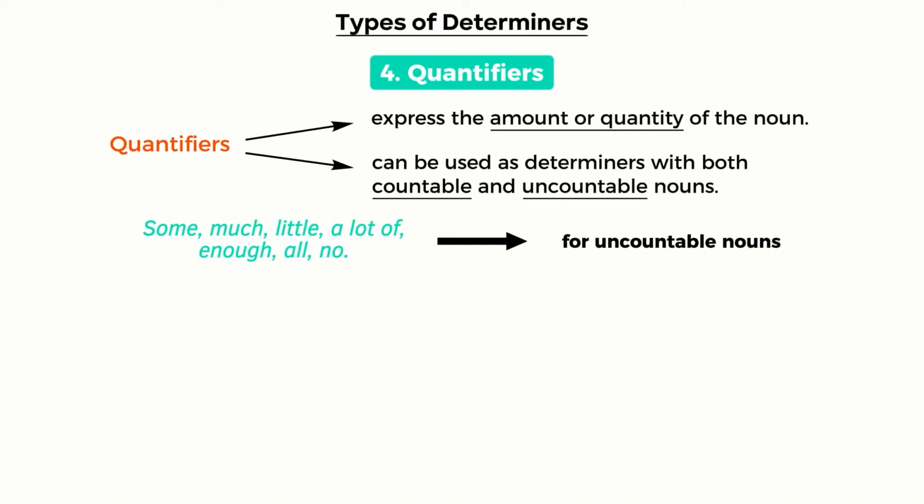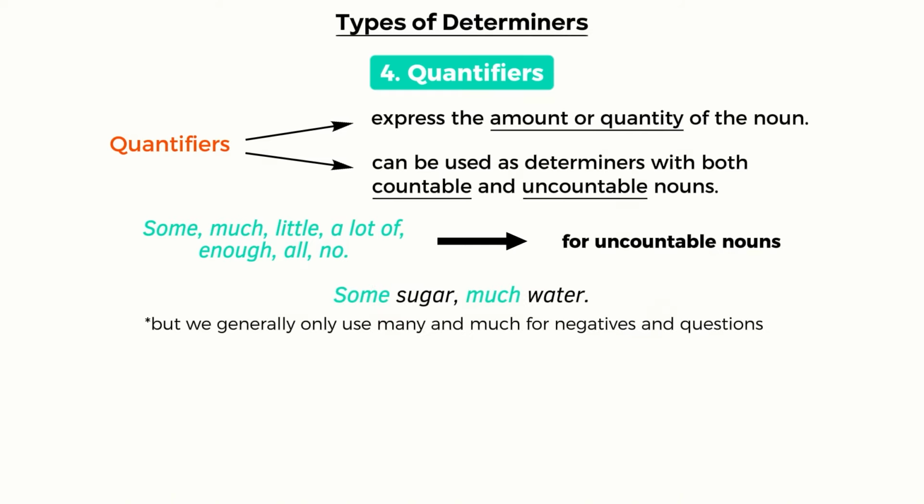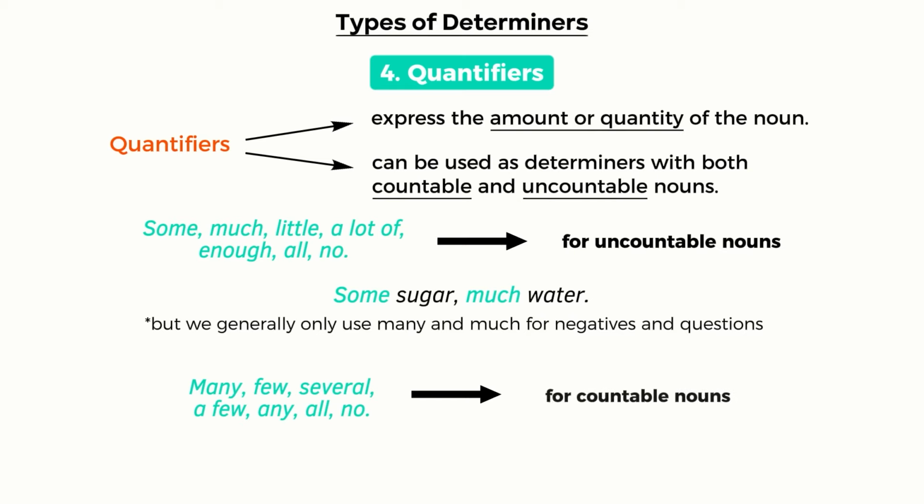For example, some sugar, much water. Many, few, several, a few, any, all, no. They are used for countable nouns. Examples: many students, few books.